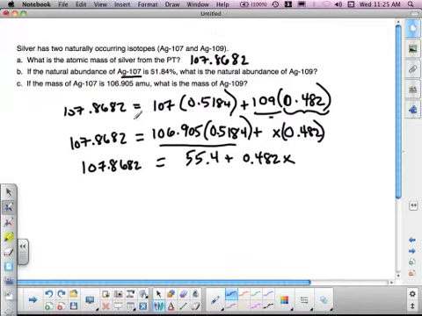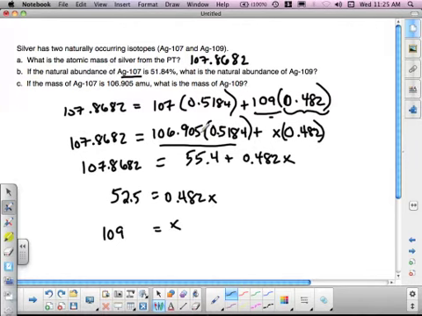Okay, and I get 52.5 equals 0.482x. So x is equal to 109 exactly.